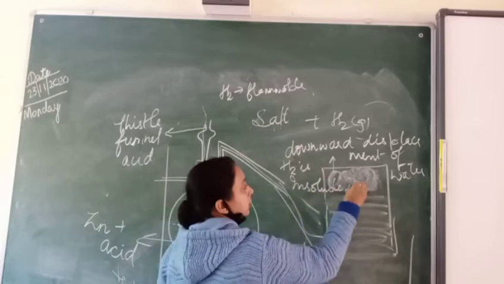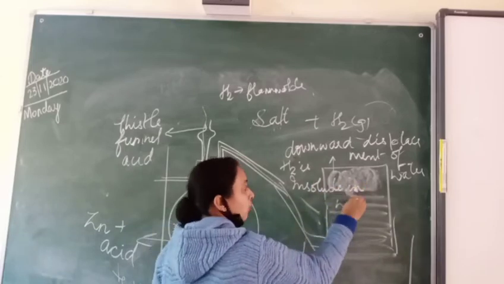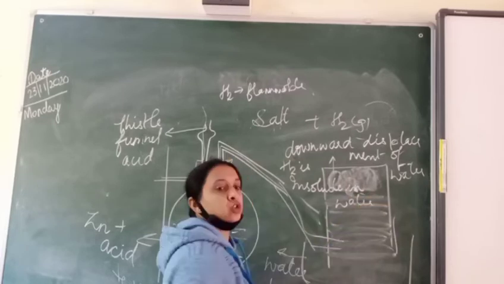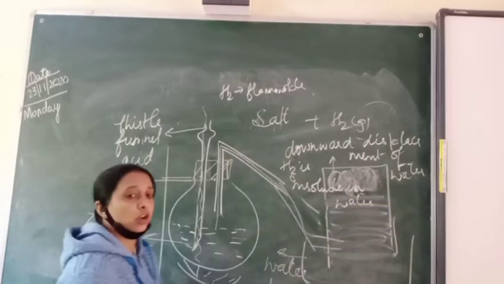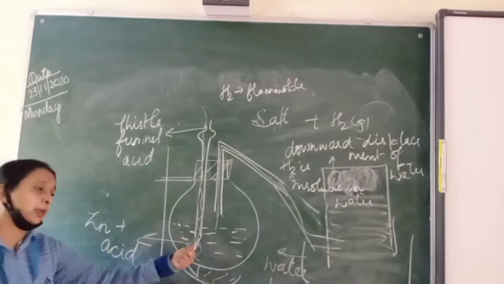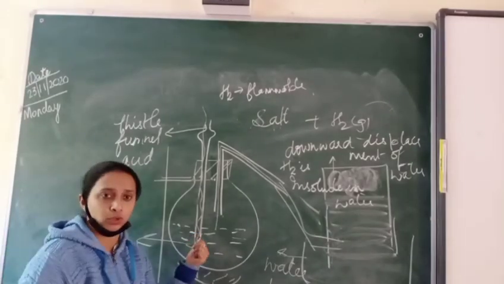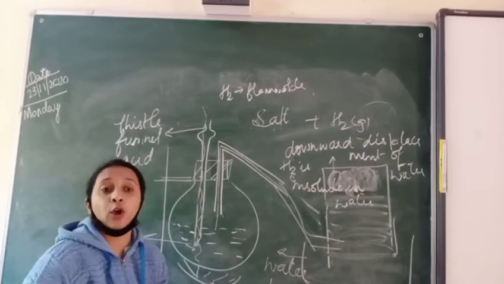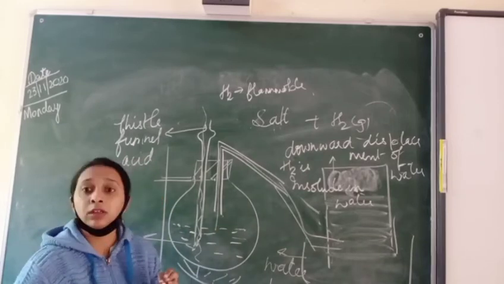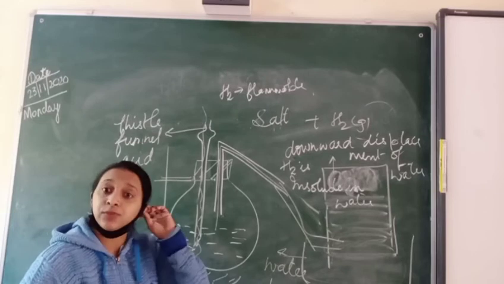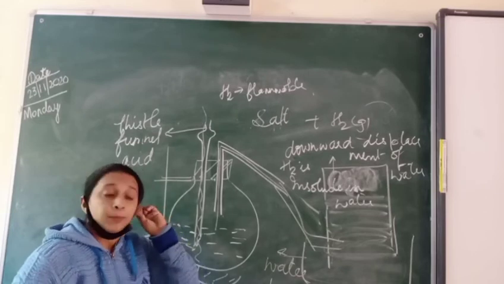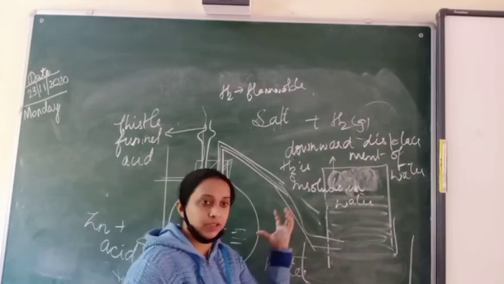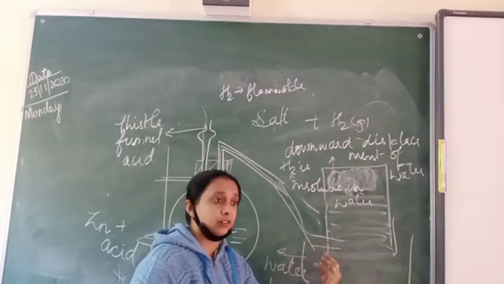Now what are the precautions we have to take? One is the tip of the thistle funnel should be dipped into the solution. Next is the apparatus should be free from air. This we have to confirm. When the hydrogen gas reaction starts, the gas that comes out first we release a little, we do not collect it, because there may be air present in the apparatus.